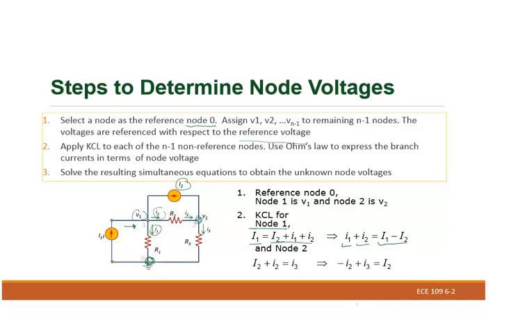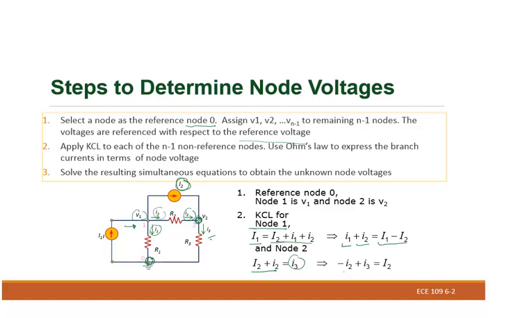So let's write the KCL node equation for node 2. In this case, capital I2 and lowercase i2 are entering the node, that's why we have the plus right there, and it will be equal to lowercase i3 because it is exiting from the node.